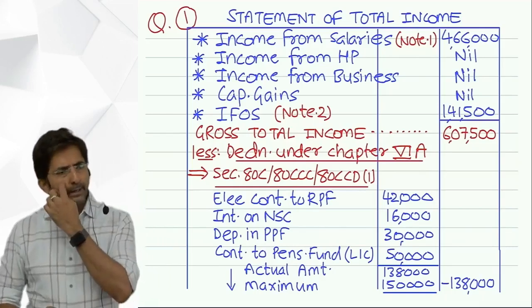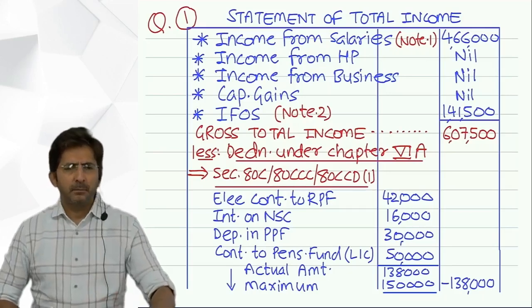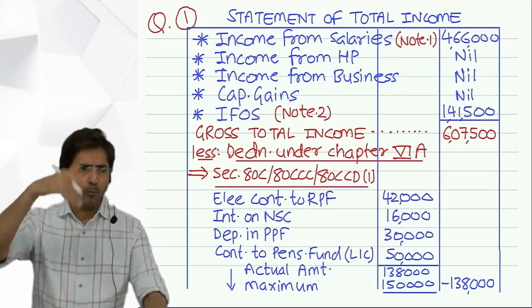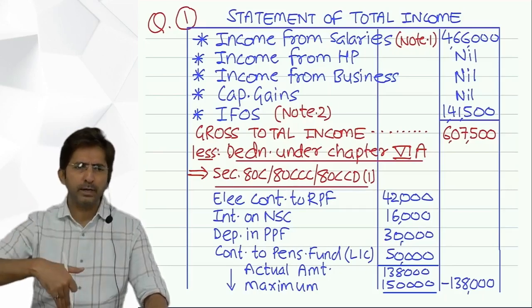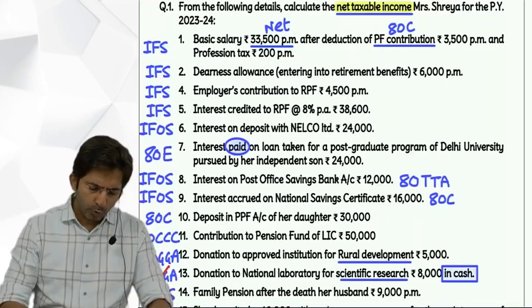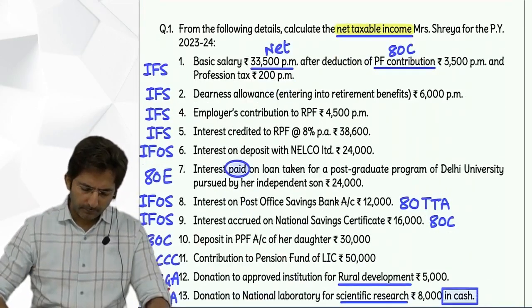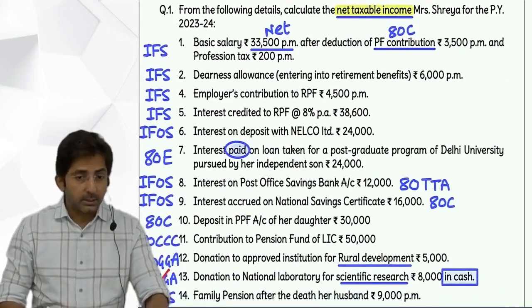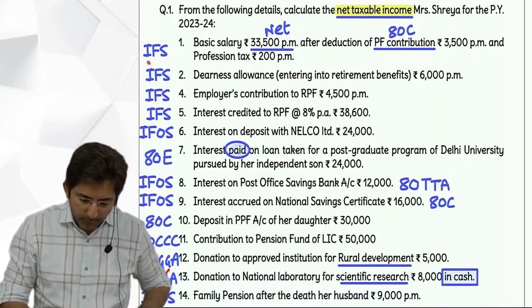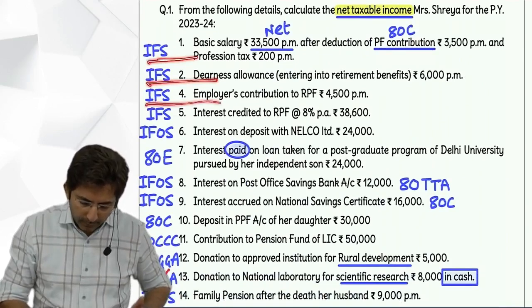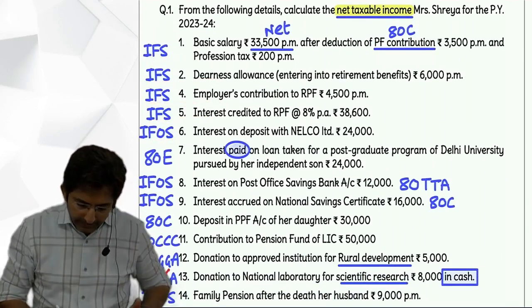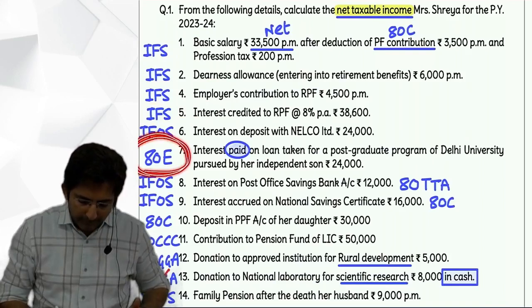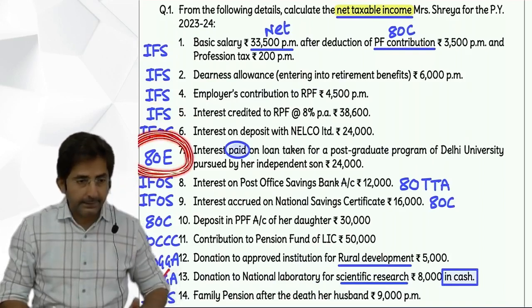See, now you can go randomly, you can take any section, but it's better to go from top to bottom in the order of the question so that you don't make mistakes. So I will go from top to bottom now. Search all 80 items. In first point, second point, not there, third, fourth, fifth. Yes, directly we find in point number 7, 80.